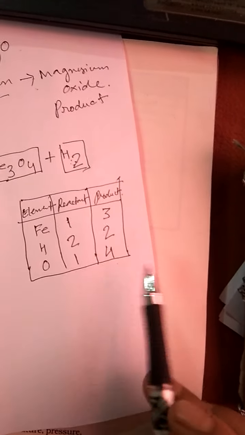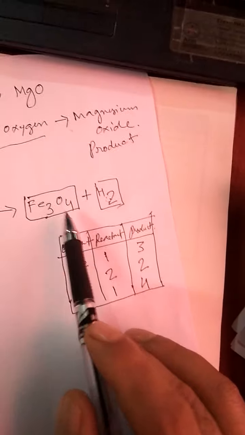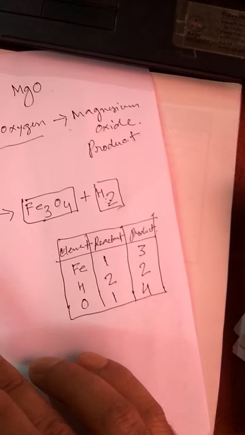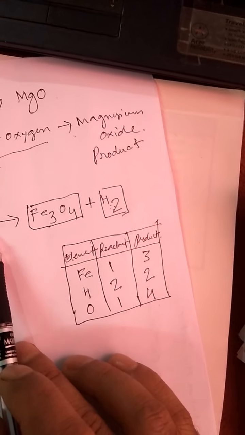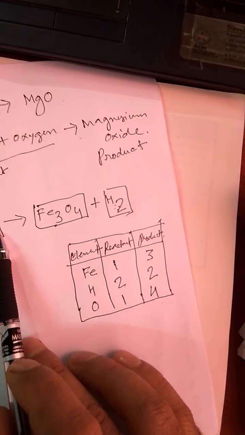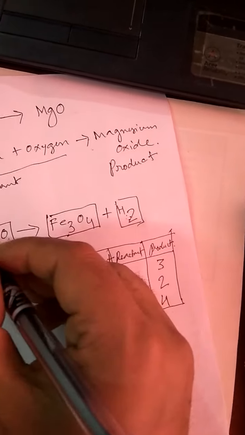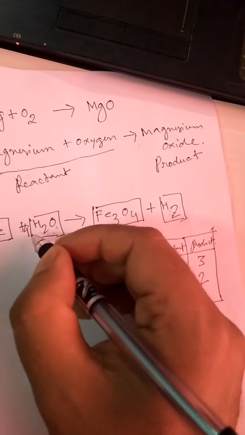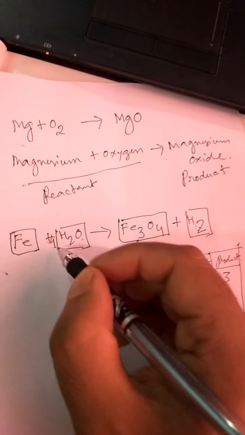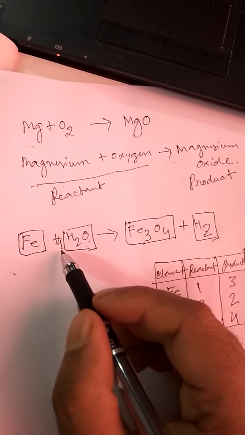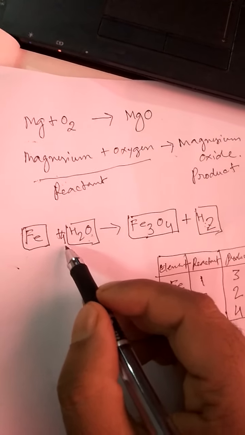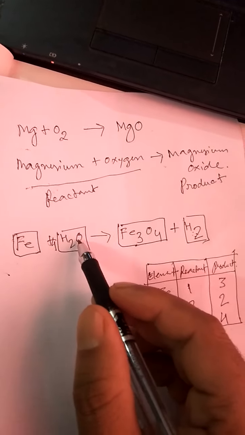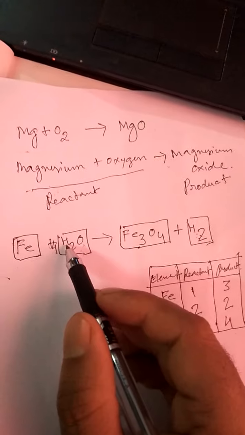Now how are we going to balance here? We can see 4 here, so we cannot write 4 inside. We have to write the number outside the box. If we want to make 4, we have to multiply this with 4. So we will write 4 in front of this, like this. Now when we are balancing the oxygen, the hydrogen is changing.